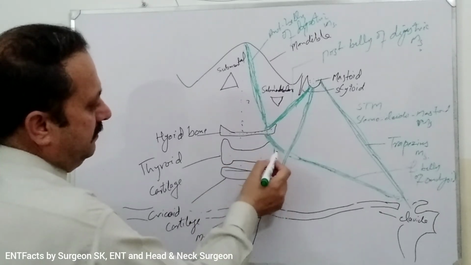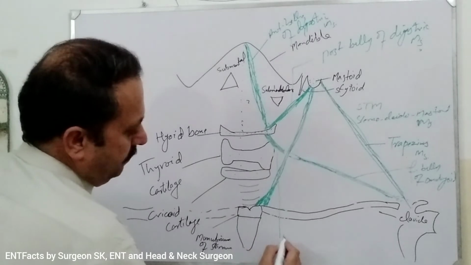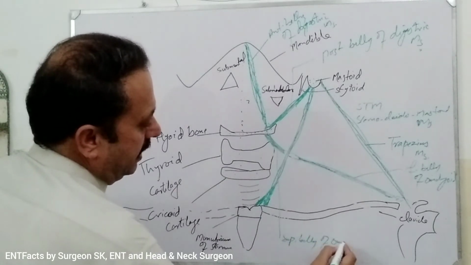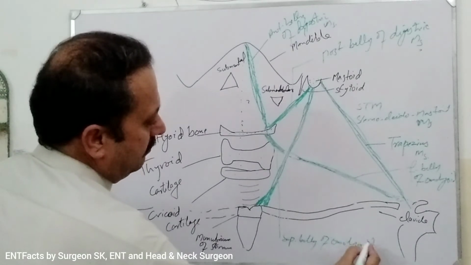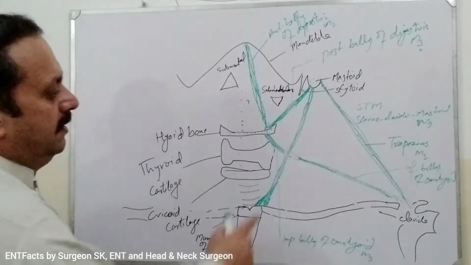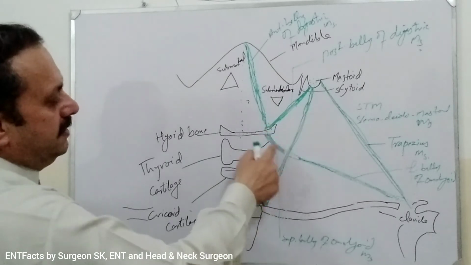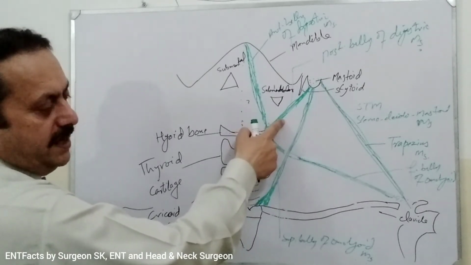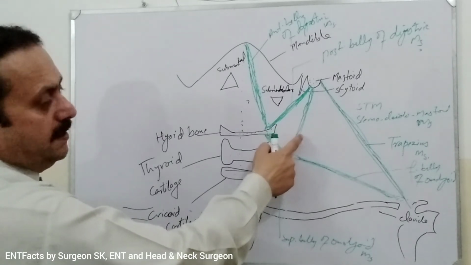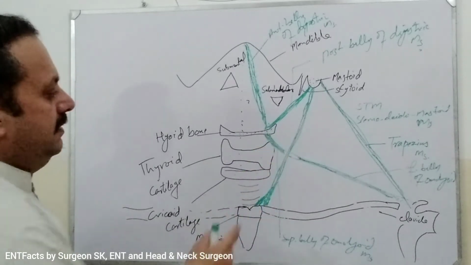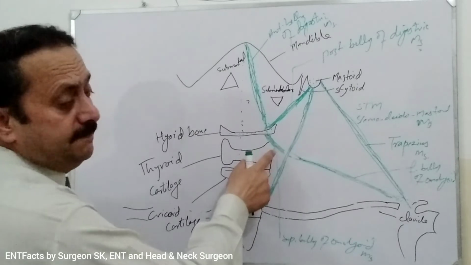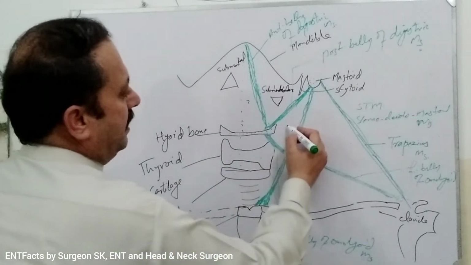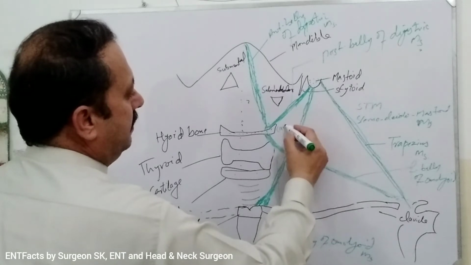This is called the superior belly of omohyoid muscle. Now, if you notice here, another triangle is formed. That is formed here by the posterior belly of digastric, here by the upper part of the sternocleidomastoid muscle, while here the base is formed by the superior belly of omohyoid muscle. So this triangle is called carotid triangle.